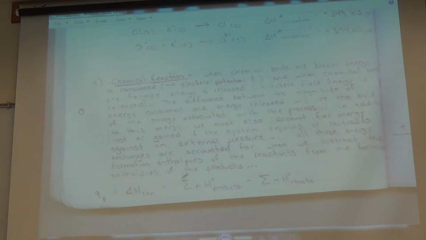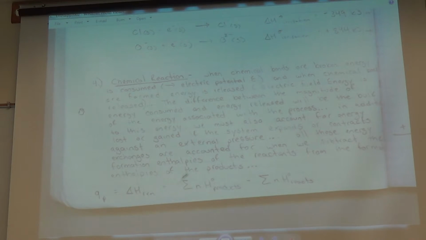There will also be, in any chemical reaction, probably some change in volume. And if there's a change in volume, there'll be some work done in expansion or contraction against the internal forces, right? Or against the external forces of the environment. And so it's all electronics, right?